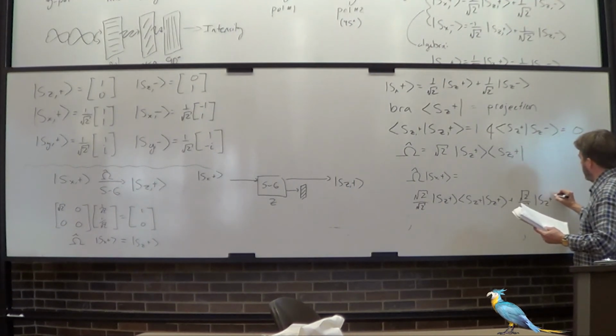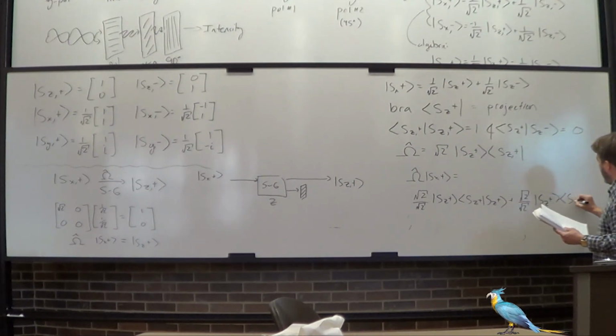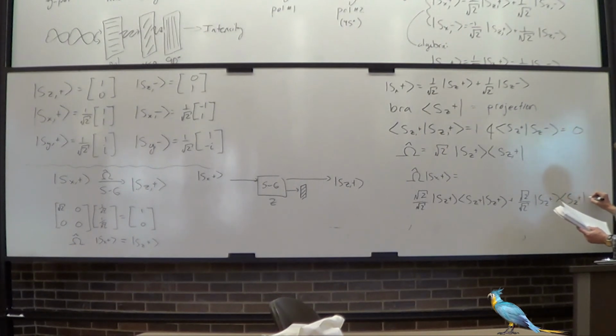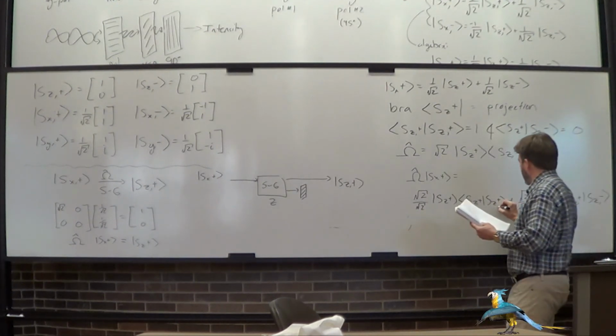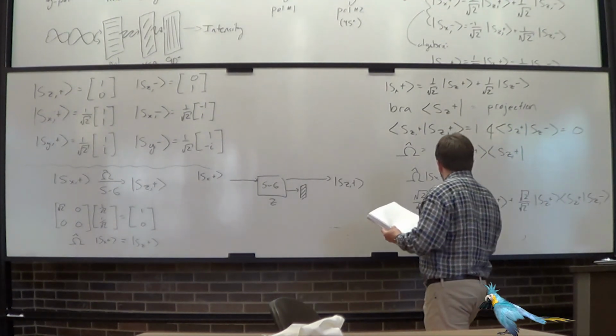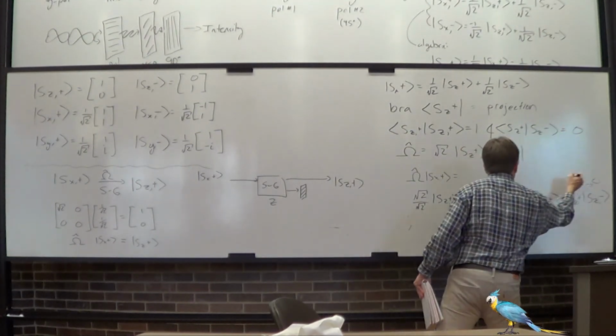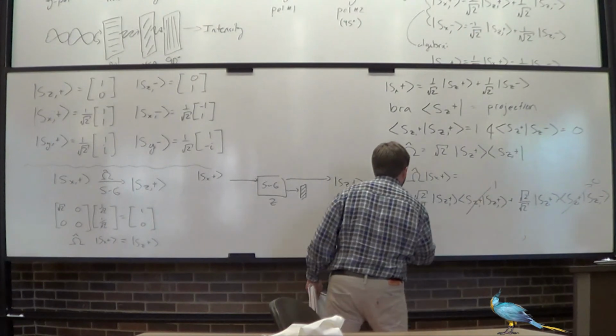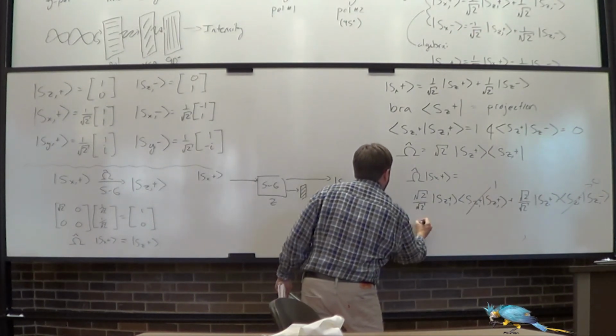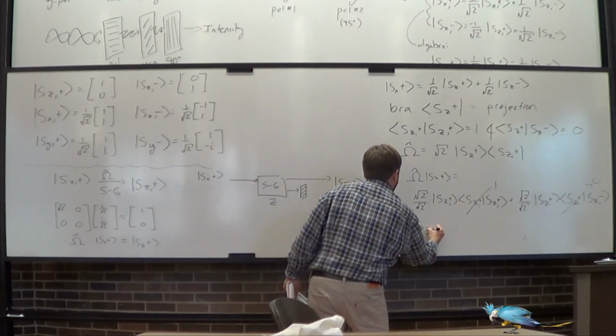Sz plus, here's the operator. Sz plus, and here's the operator. Sz minus, that's from the state. Little commas. Little commas. And the world will blow up. There we go. Now this guy goes to 0. This guy goes to 1. And you see what you get is Sz plus.